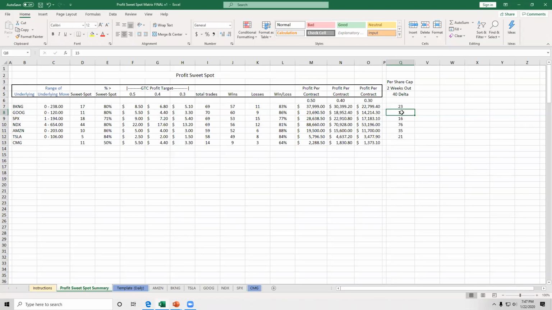So these are not exact, folks. You're going to have to do some of your own updating on this. This is just a directional bias to give you some idea. I'll generally update these once a week, and I go out 2 weeks. On Google, I was out almost 3 weeks to expiration, and I based that on the average cycle time.